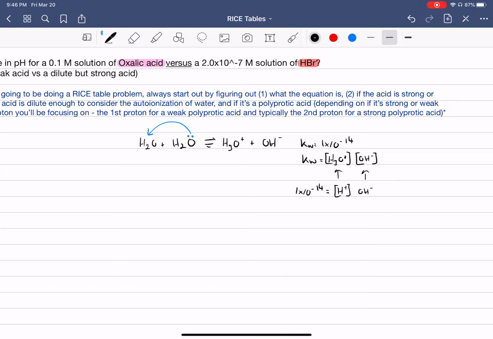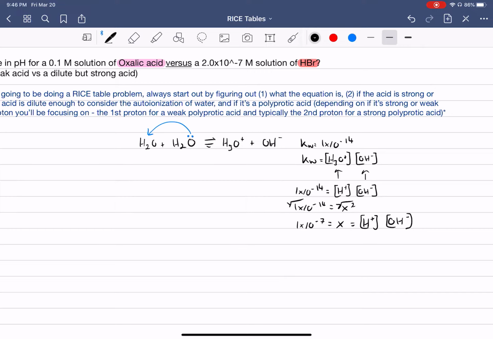Times OH minus. Or 1 times 10 to the negative 14th equals x squared. Okay, so now we just take the square root, and we get 1 times 10 to the negative 7th equals x. And that is going to equal both the H plus and the OH minus concentration.